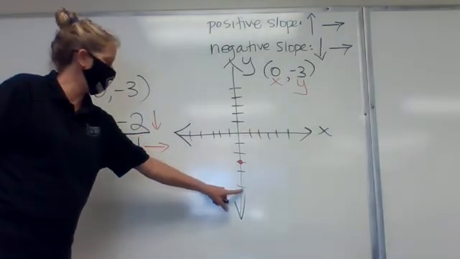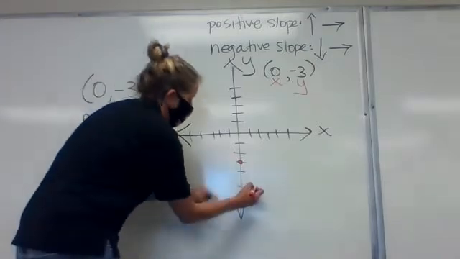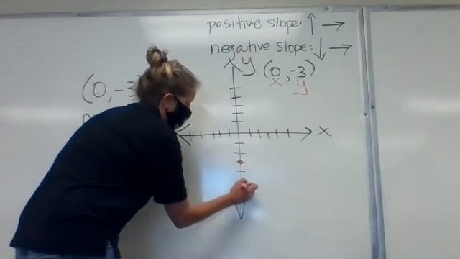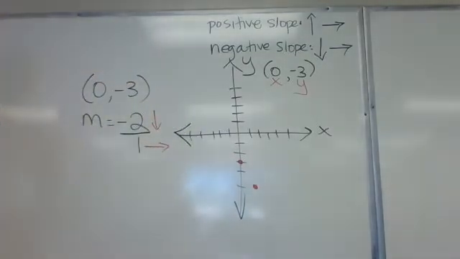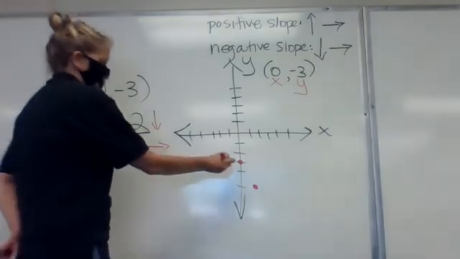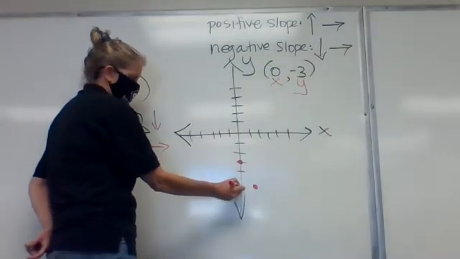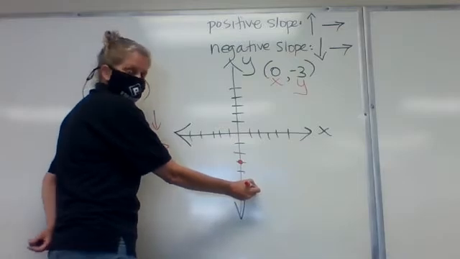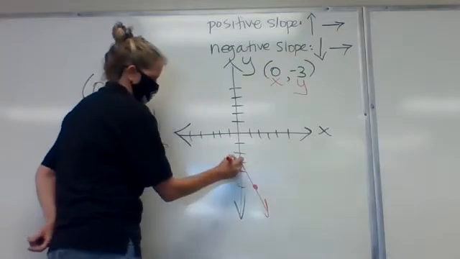Down 1, 2, right 1. So, hold on. Start at the point that you put, and then go down 2. And then go over 1.